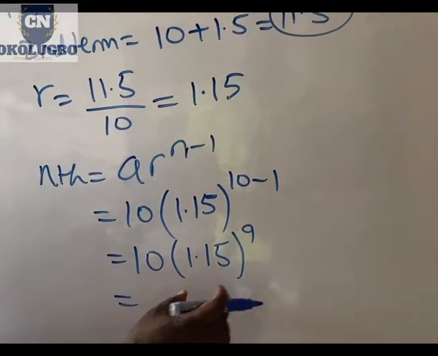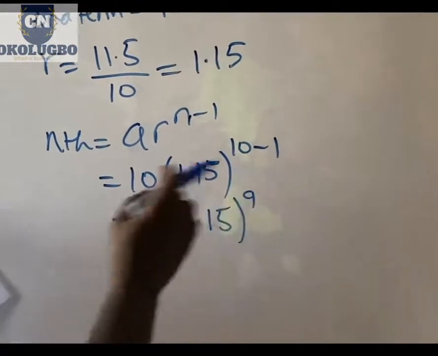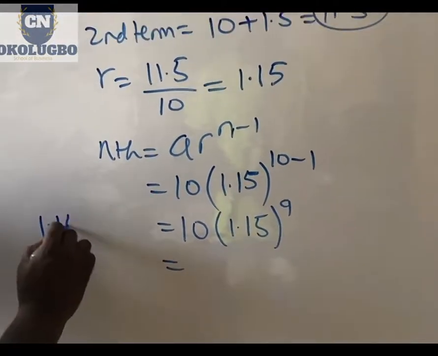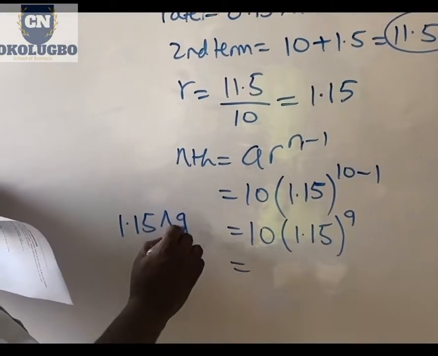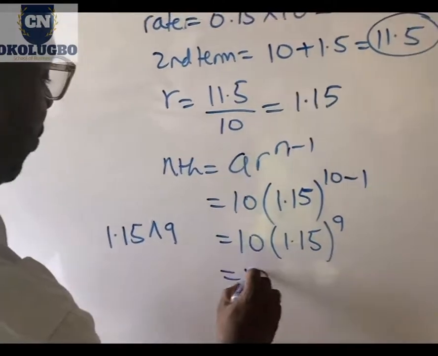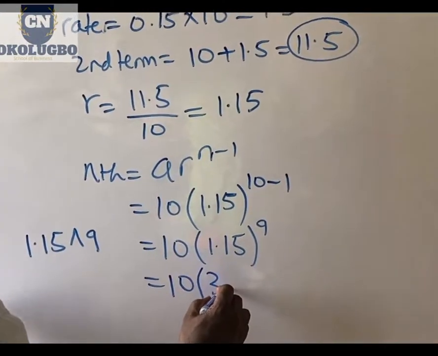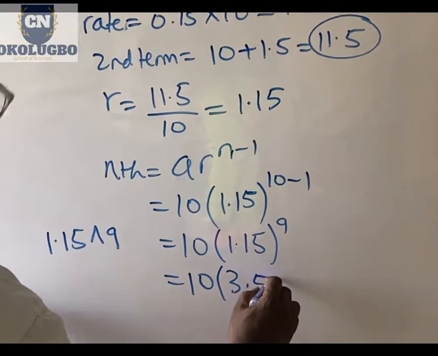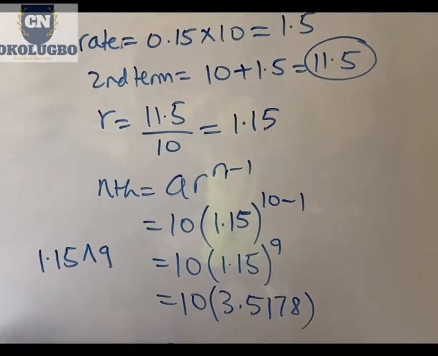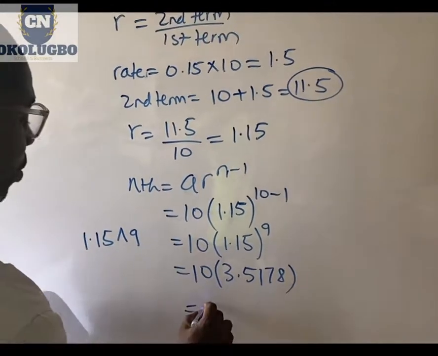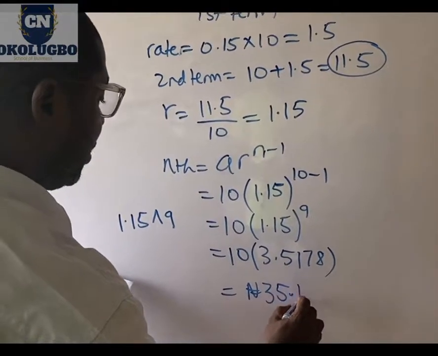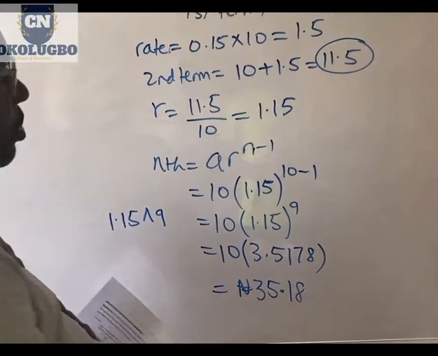Now do this with your calculator: 1.15 exponential 9. That should give us 10 into 3.5178. If you multiply, this will give us a value of 35 naira 18 kobo. So this is the answer to this question.